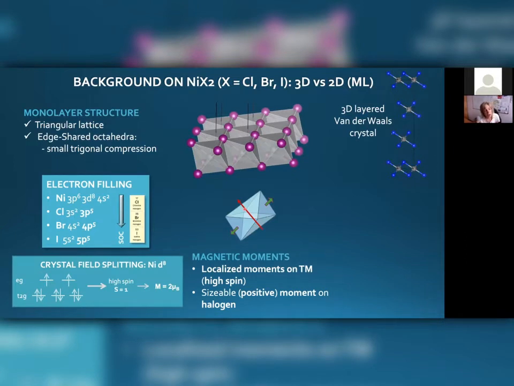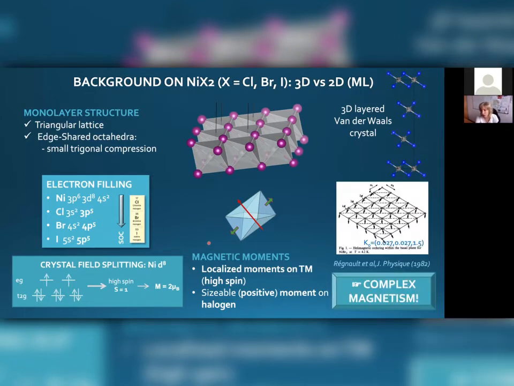The octahedra are rather slightly compressed along one direction, perpendicular to the faces. So if I now move from chlorine to bromide to iodide, actually spin orbit will be increasingly stronger, and so I expect large spin orbit in iodine and rather small in chloride. So this material has rather localized magnetic moments, about 2 Bohr magneton, and also a small induced moment on the halide.